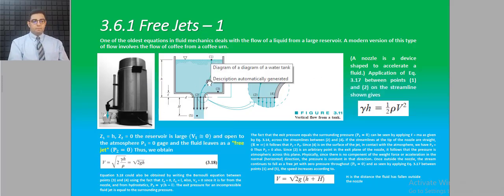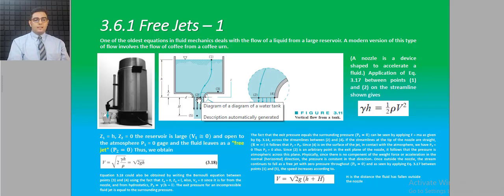As you see, when we apply the Bernoulli equation between point 2 and point 1, we have the following assumptions and calculations. Point 2 is connected to the atmospheric side, so the pressure at this side is 0.